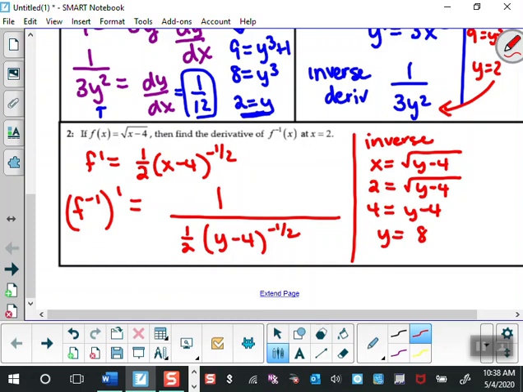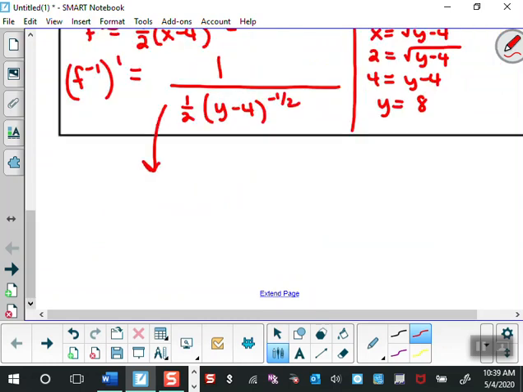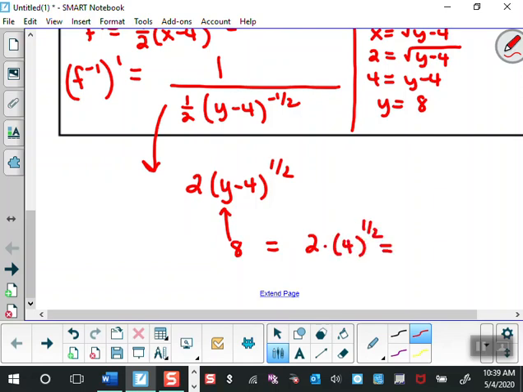Okay, so on the inverse function, when x equals 2, y equals 8. So this is going to be a 2, a (y minus 4) to the 1/2, when that's an 8, equals 2 times 4 to the 1/2.